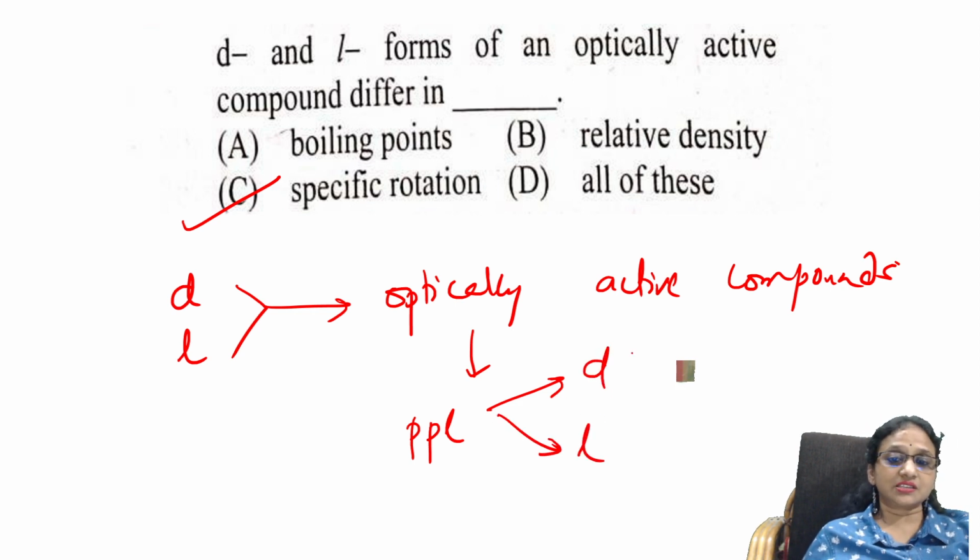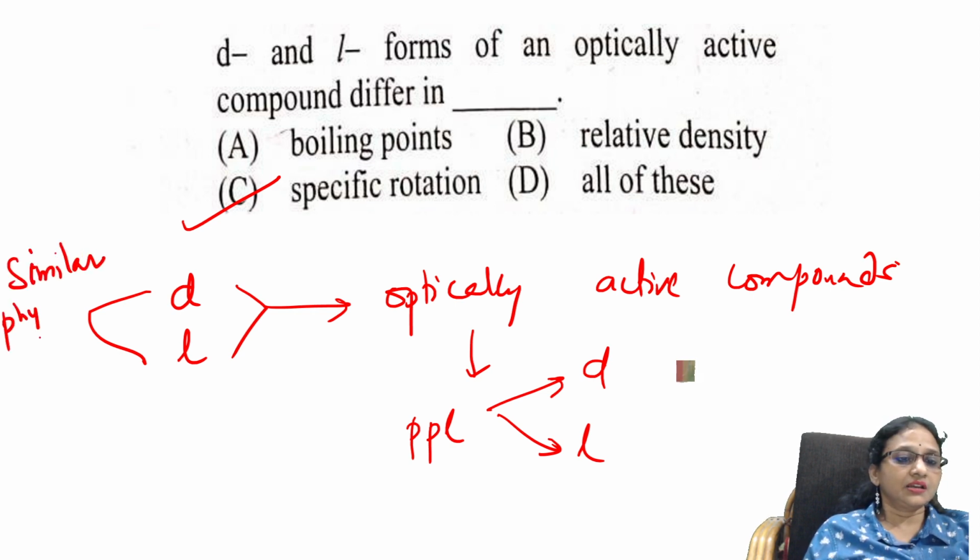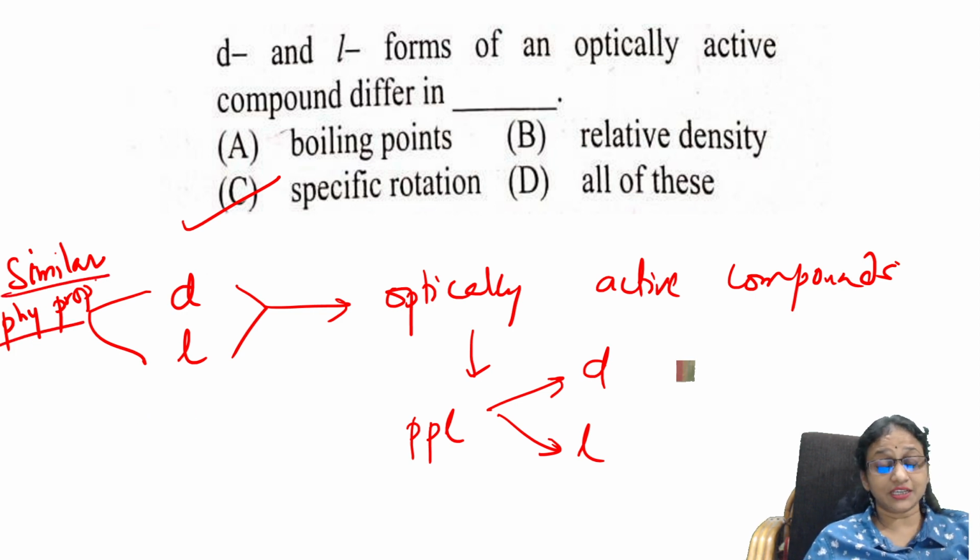The D and L isomers have similar physical properties, like boiling points, density, and melting points. Got it? Right.